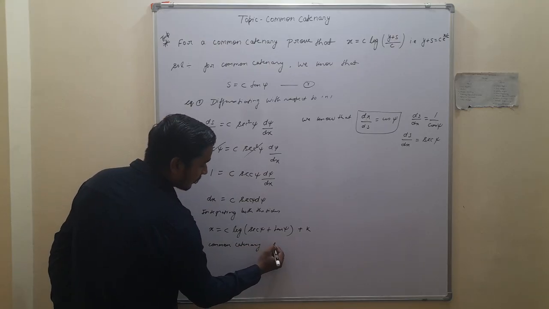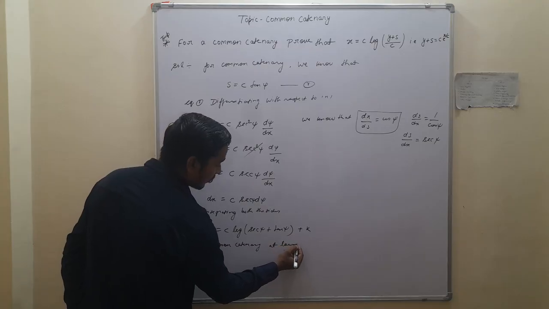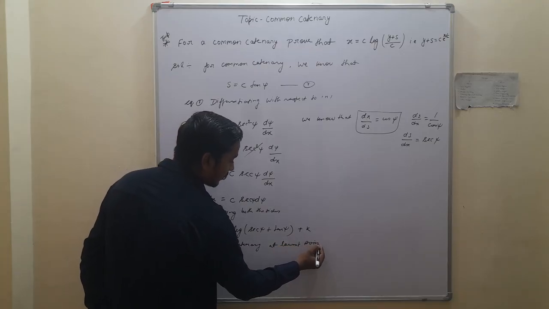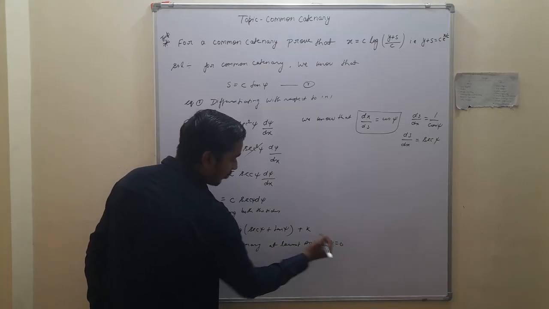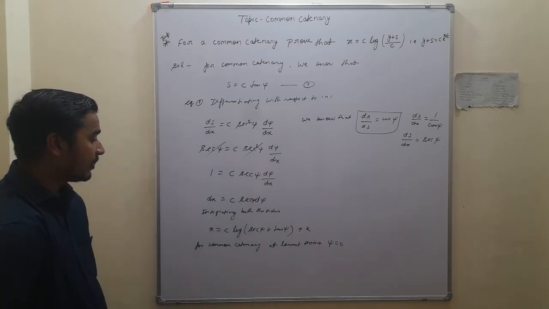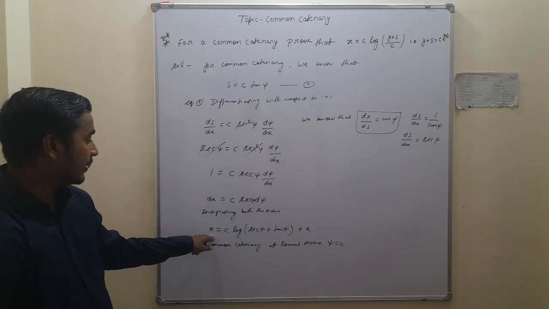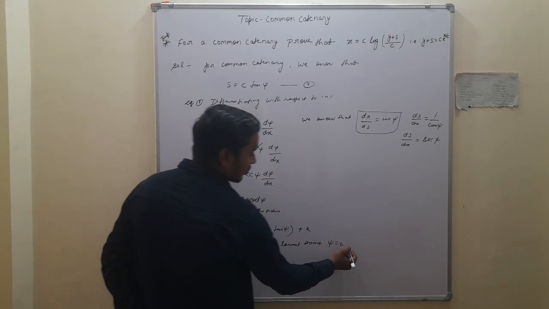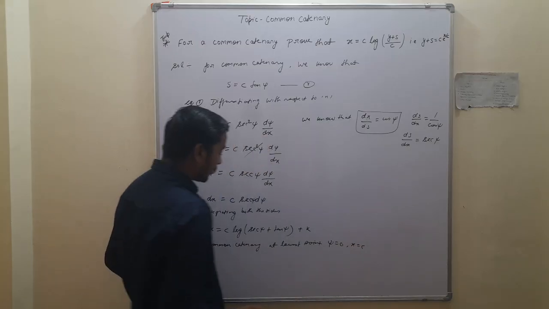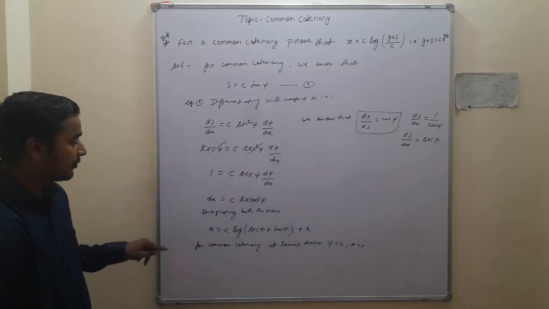For a common catenary, at the lowest point psi becomes 0, and x is equal to 0 there, so we put these values to get the value of k.